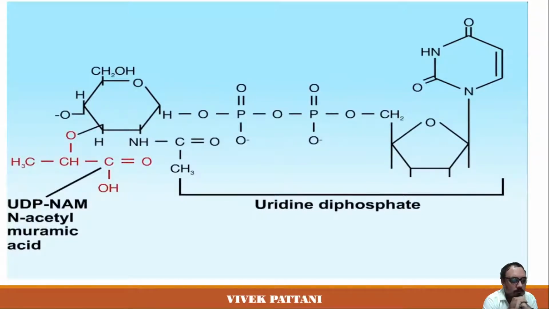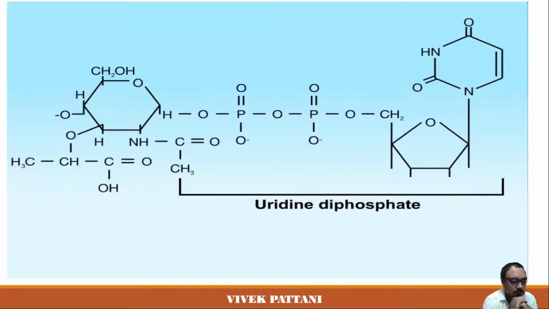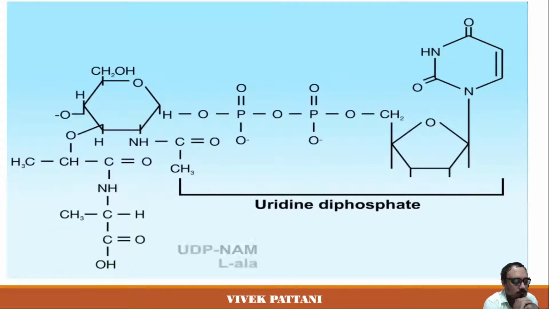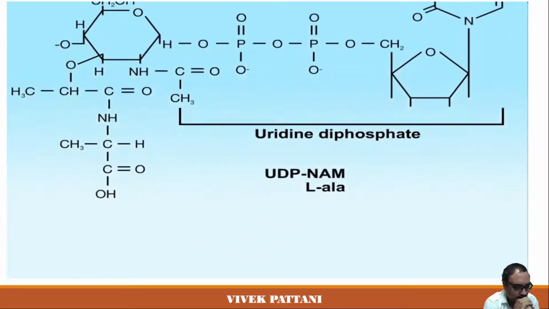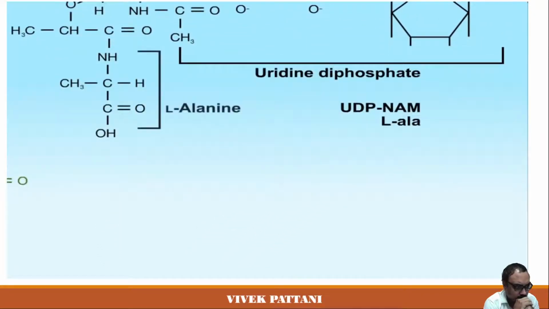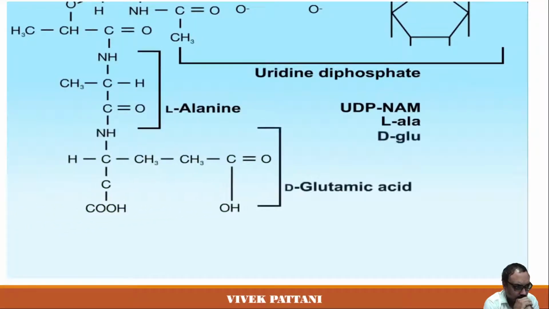A lactyl group is added to carbon number 3 of UDP-N-acetylglucosamine to form UDP-N-acetylmuramic acid. 5 amino acids are added sequentially to UDP-NAM to form a pentapeptide side chain. Special adding enzymes are used to add these amino acids so that tRNA and ribosomes are not involved.